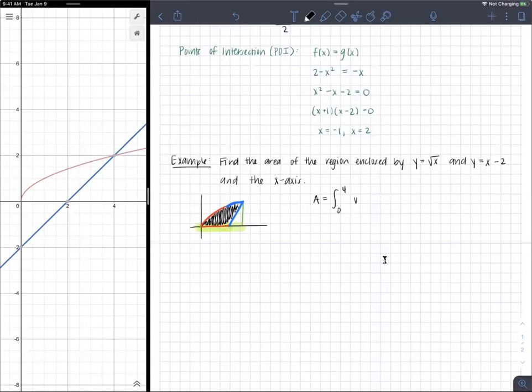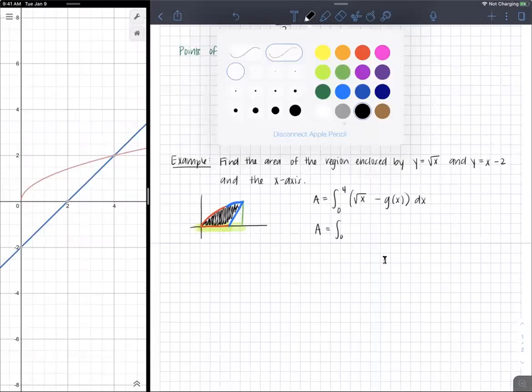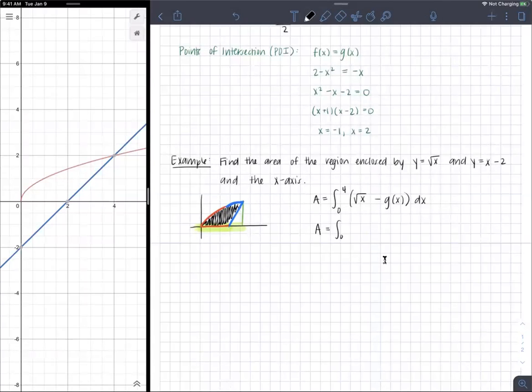So I know the square root of x is my top function, but then it's going to be minus g of x, where g of x depends on which interval I'm looking at. So what can I do to this integral? Yeah, you can split it into 2 separate pieces, right? If I look at this very rudimentary drawing that I have here, then I can look at the integral from 0 to 2.